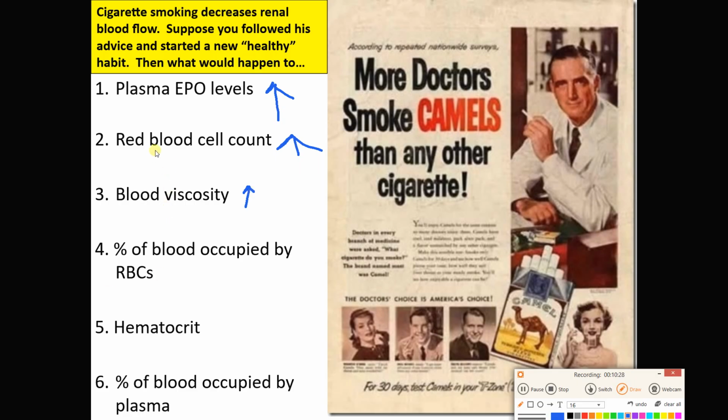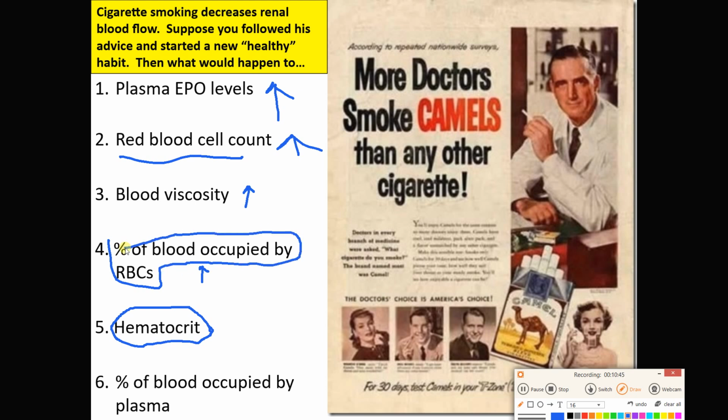If you have more red blood cells, your percentage of blood occupied by red blood cells has got to go up, right? And number 5, hematocrit. This is the definition of hematocrit. So it's going up as well.